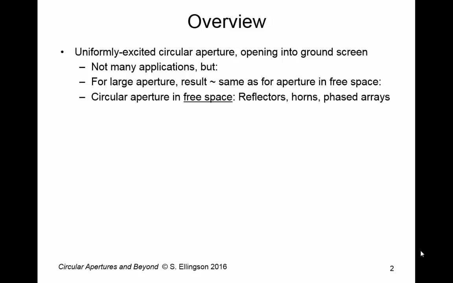Specifically, we'll find that for a large aperture, the result for a circular aperture in a ground screen is about the same as for a circular aperture in free space. Circular apertures in free space are of great interest because they are good models of things like reflector antennas, horns, various kinds of phased arrays.